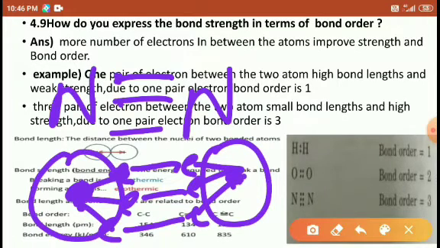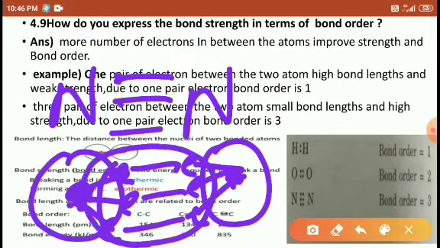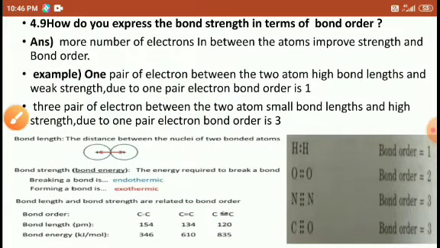So between the 2 nuclei 6 electrons are present here, that's why the nuclear attraction is high. High nuclear attraction means the strength is high, right, students?